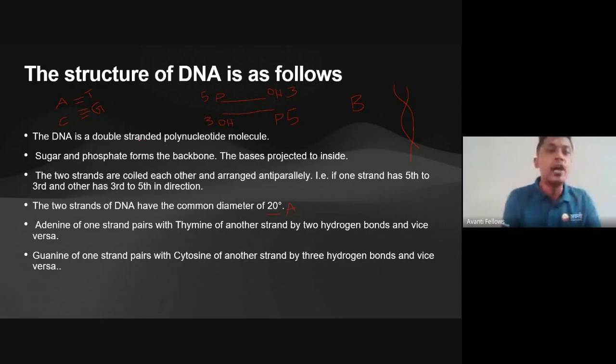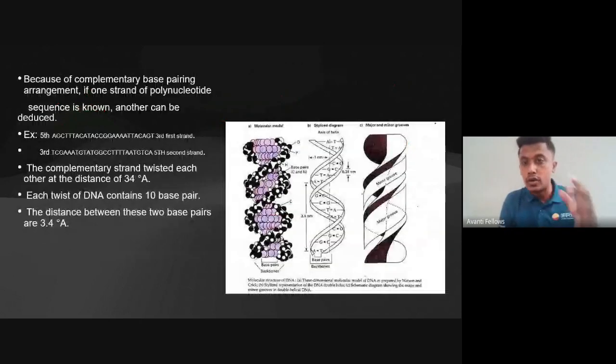Similarly, if cytosine is present in one strand, guanine will be present in the other strand, and between them there will be three hydrogen bonds. So you can see A double bond T, C triple bond G, or G triple bond C. So this is called base complementation, and it's a very, very important property for our DNA.